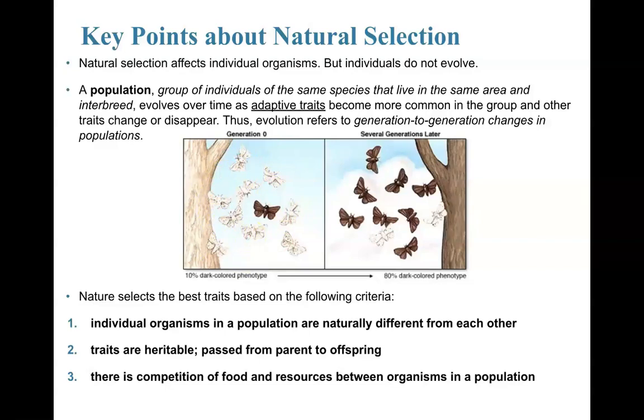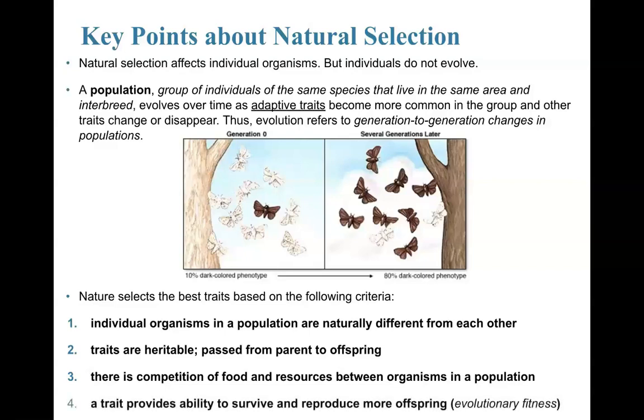So usually competition is for those kind of examples. Food is another great example. Who can acquire food better than others? That giraffe with a longer neck is going to acquire food a bit better than that giraffe with a shorter neck. So there is a selection pressure between organisms in a population. Okay, that's the third criteria for natural selection to occur.